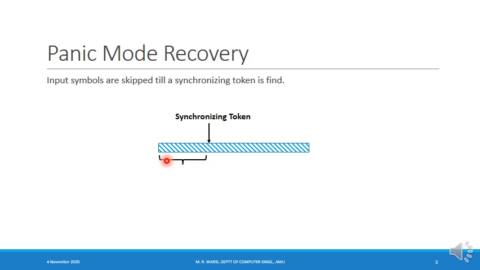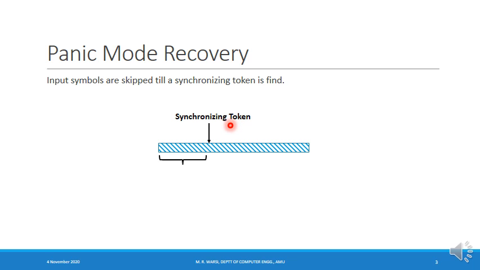So we'll try to eliminate this part from the input buffer in order to recover from the error. And this is the symbol which is following the erroneous part. So in order to recover from the error, we eliminate the erroneous part and we resume the parsing from this symbol. And this symbol is known as synchronizing token or synchronizing symbol.